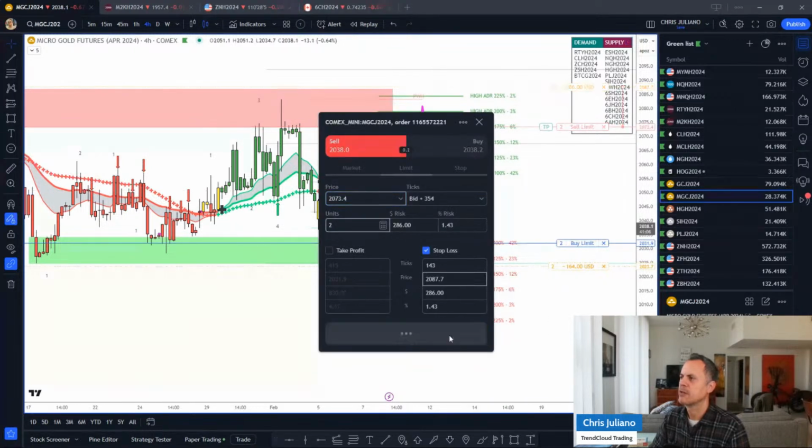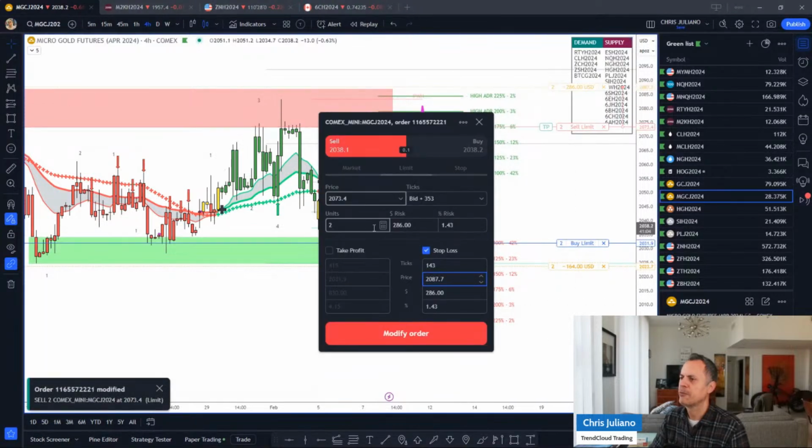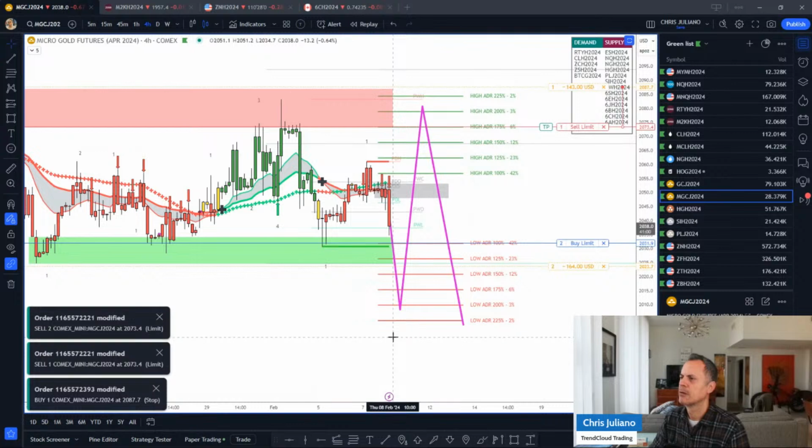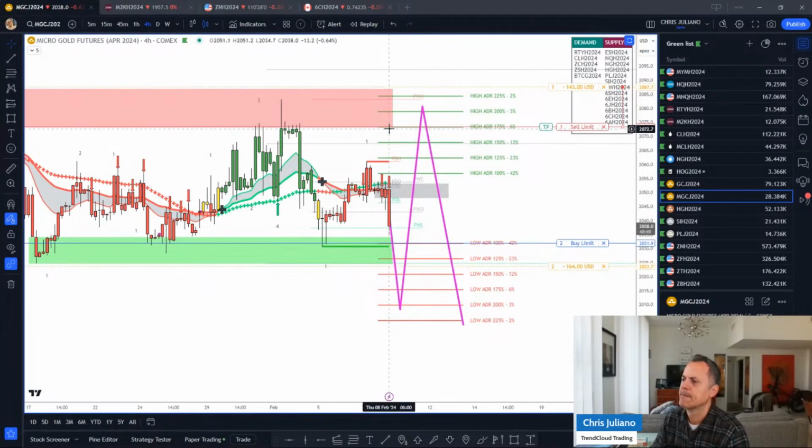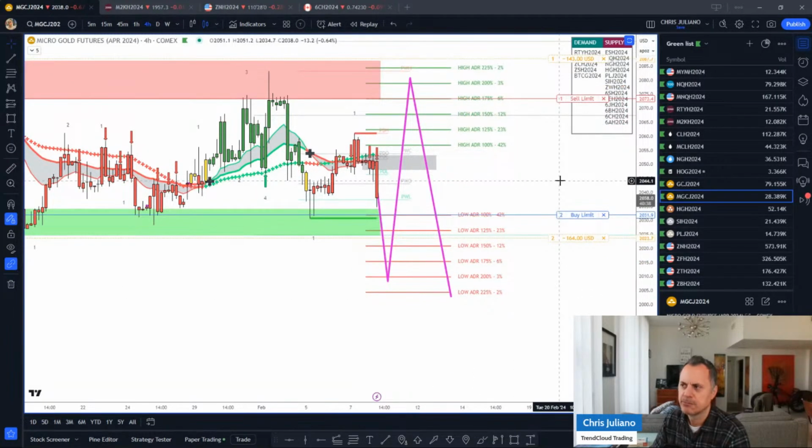Let's say this was it, you'd only be able to take one. If you wanted to be protected by every single ADR level, well, there you go. $143, there's your first ADR level. Maybe it spikes up a little bit, hits that previous week's high, and then falls. There you go, take it all the way back down.